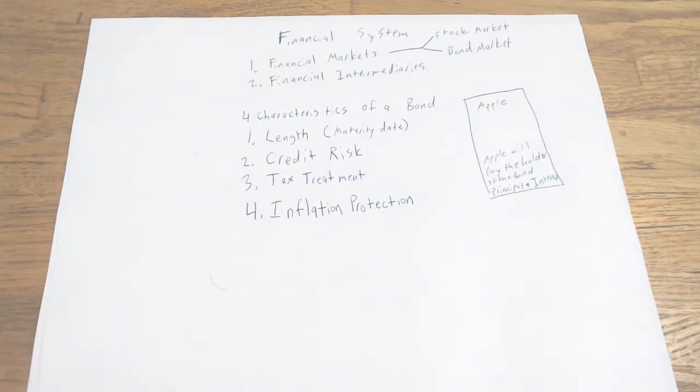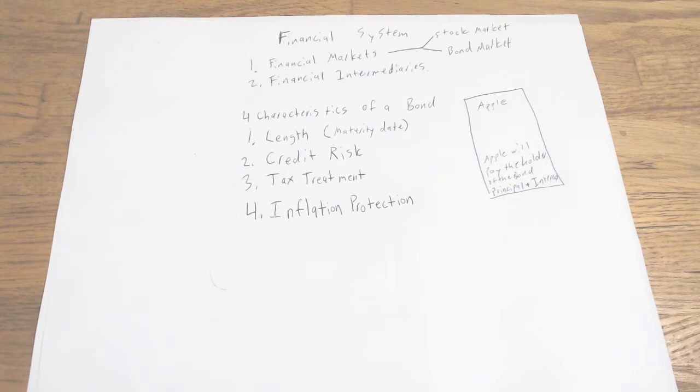You want to look at whether the bond is written in nominal terms or in real terms. Some bonds index the payments of interest and principal to a measure of inflation, so that when prices rise, the payments rise proportionally. If the bond is written in nominal terms, you won't get that protection from inflation.